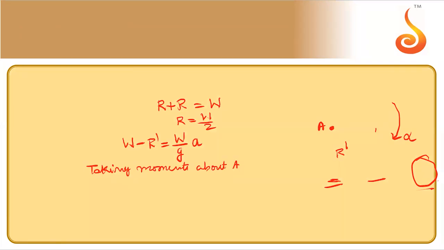Say there is W here acting this way, and R dash is acting this way. W into L by 2, so this distance is L by 2. This produces a moment in the clockwise direction.